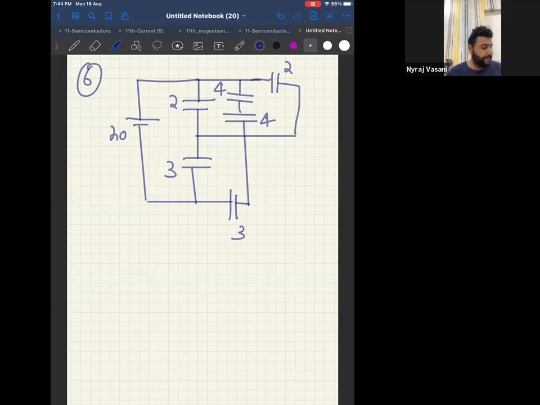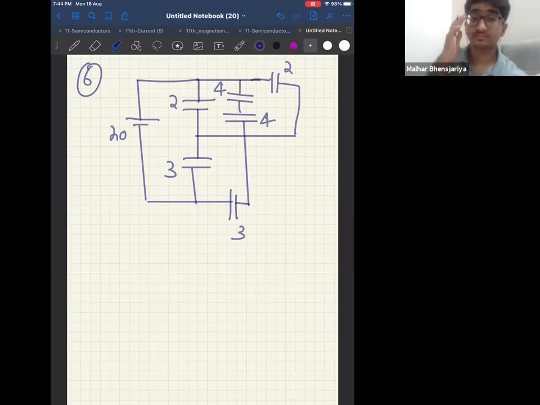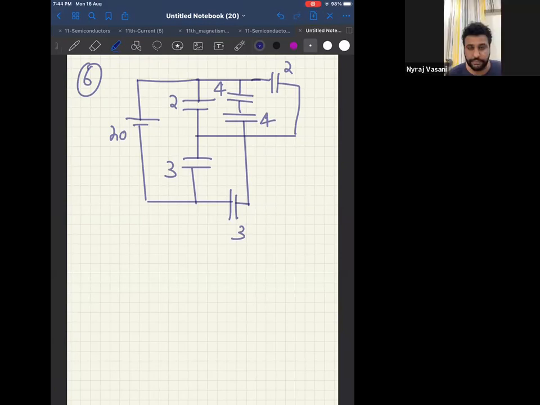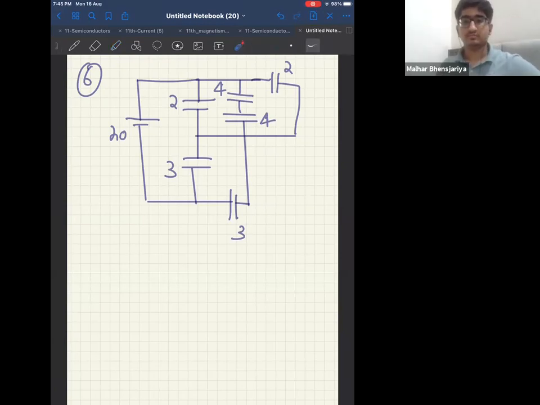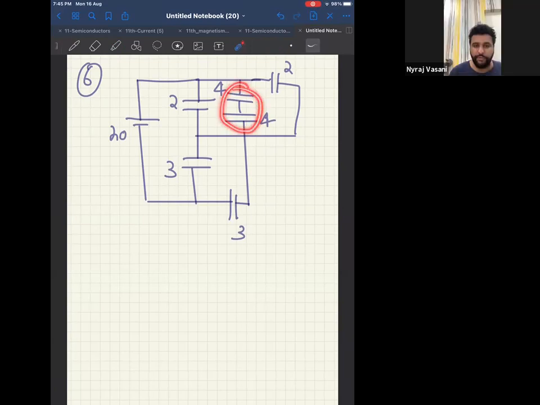Tell me, what is the first thing that you will simplify? 4 and 4. Okay, we'll take 4 and 4. If I take 4 and 4, they are in series.